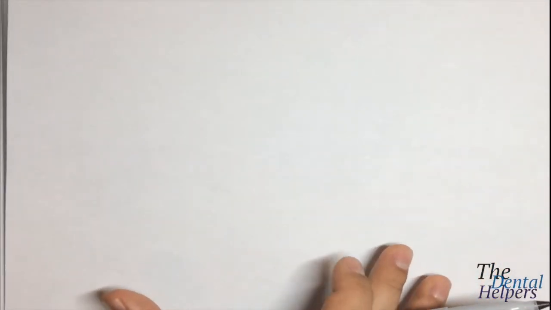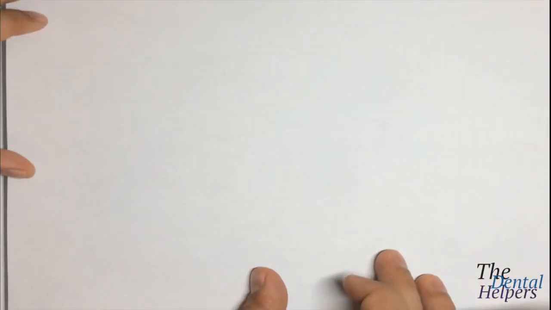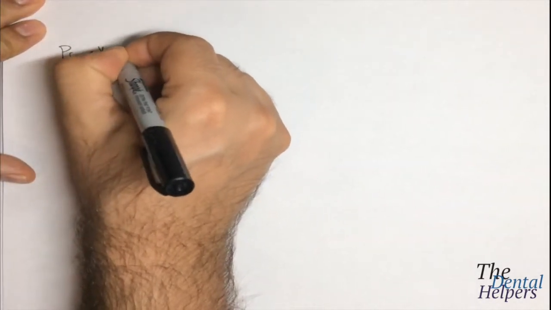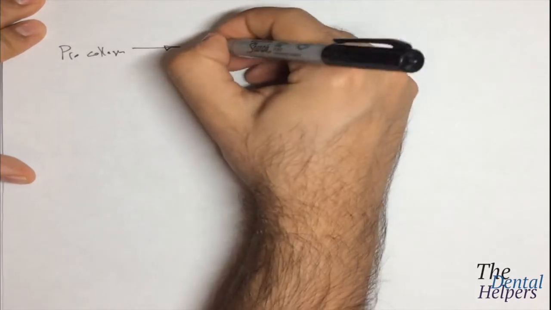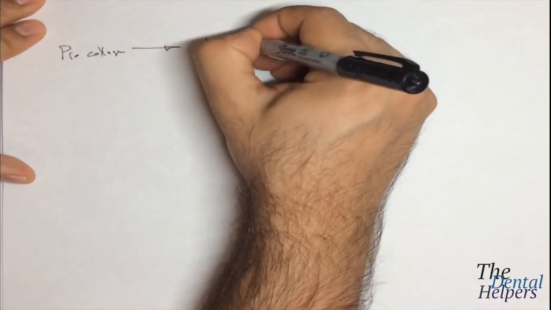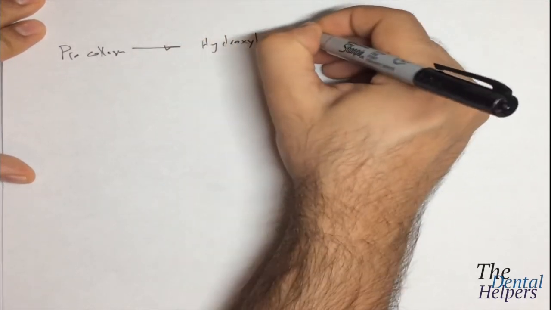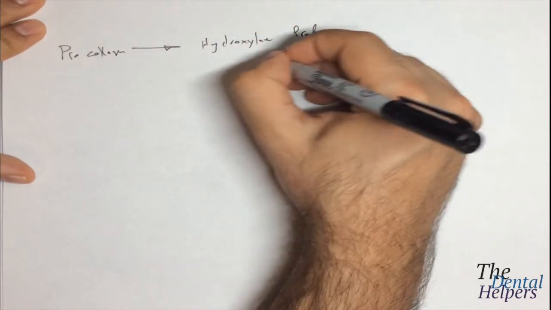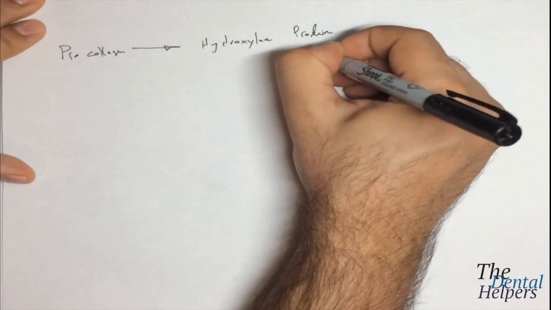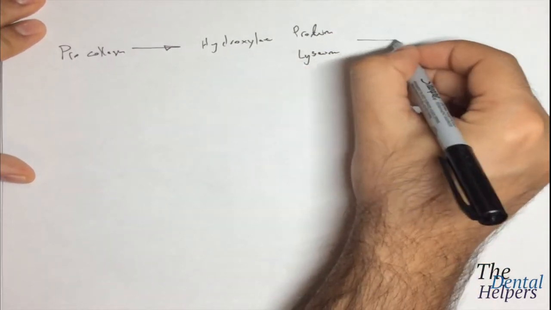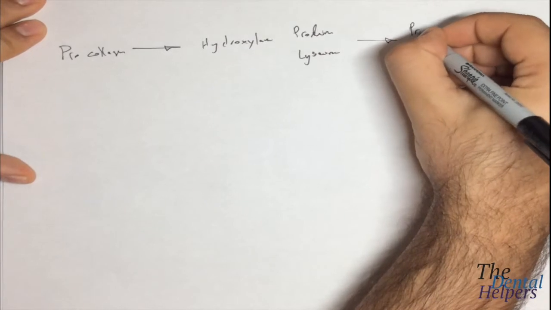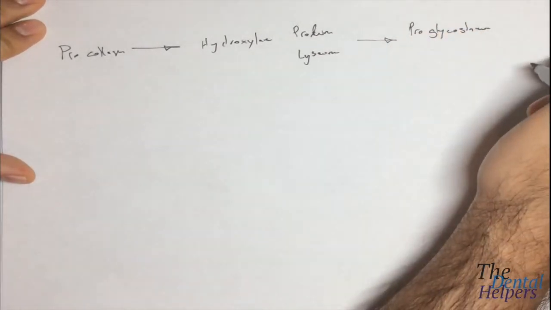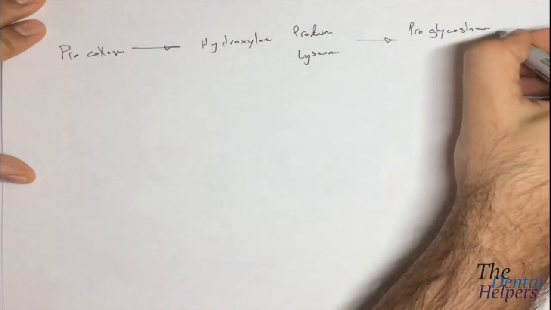So what we have is we're going to start with procollagen. And this is going to lead us to hydroxylated proline and also hydroxylated lysine. And this is going to lead to glycosylation by adding glucose or galactose.